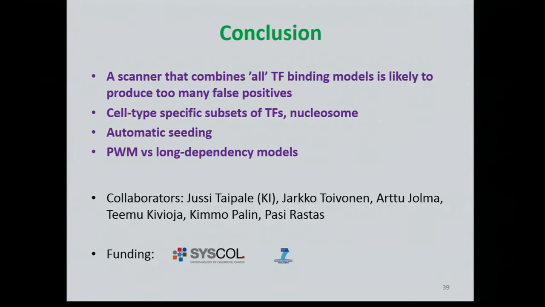So maybe we could reduce the set of factors to be included in a scanner by using some cell-type specific subsets. And nucleosomes should be included here. Automatic seeding is still missing. And then this last thing: instead of BVMs that lose lots of information, maybe we could use long dependency models. Thank you.